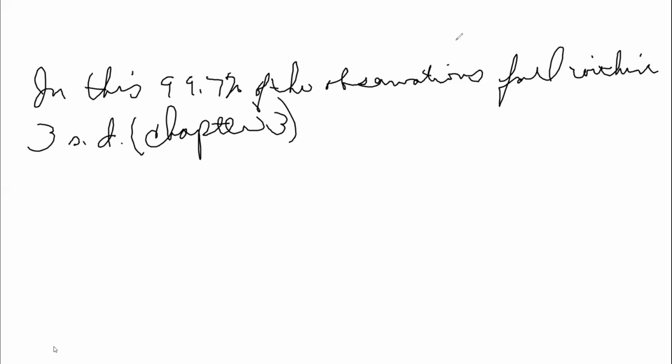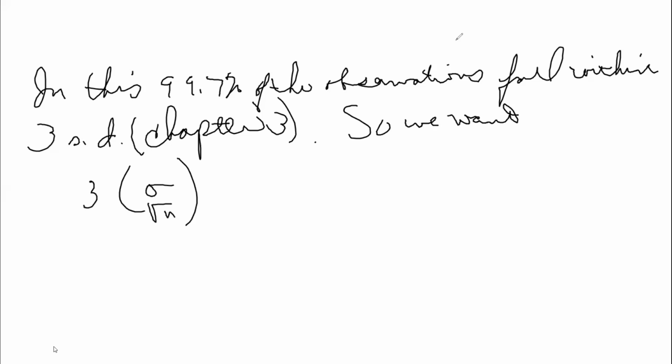So we want to write 3 times the standard deviation of our sample mean, which is 3 times the standard deviation over the square root of n, and that equals 0.5.